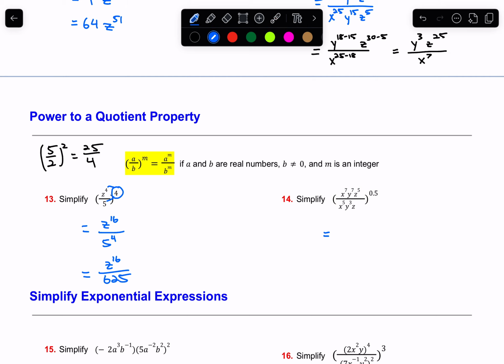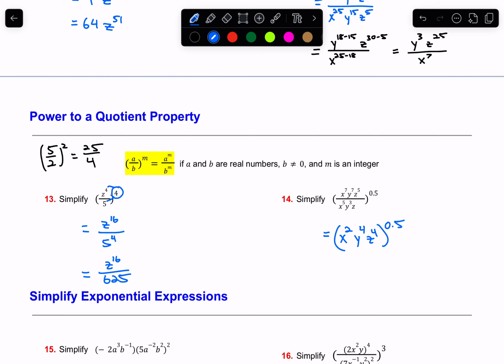So let's try that. Okay, if we leave these parentheses and the 0.5 on the outside, on the inside, we have x to the 7 over x to the 5. That's x squared, because 7 minus 5. Y to the 7 over y cubed is y to the 4, because 7 minus 3. And z to the 5 over z is z to the power 4, because 5 minus 1.